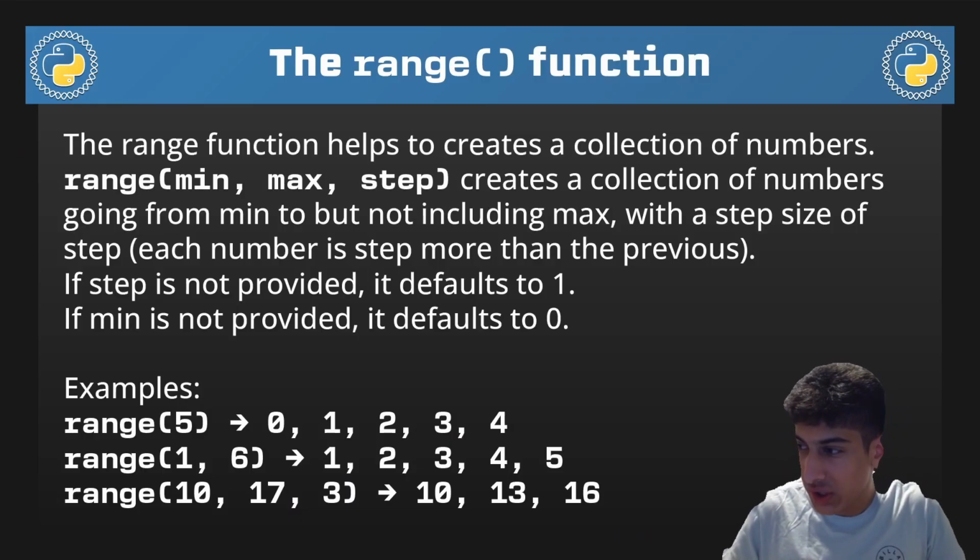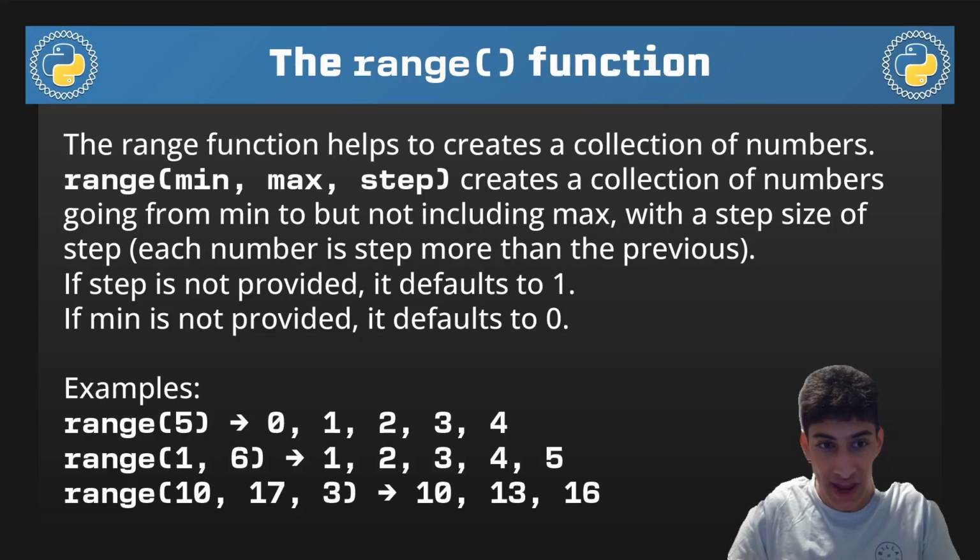Now that we know how to iterate through a list or collection, let's learn how to iterate through a sequence of numbers next. In order to create the sequence of numbers, we can make use of the range function. The range function takes 3 arguments: minimum, maximum, and step size.